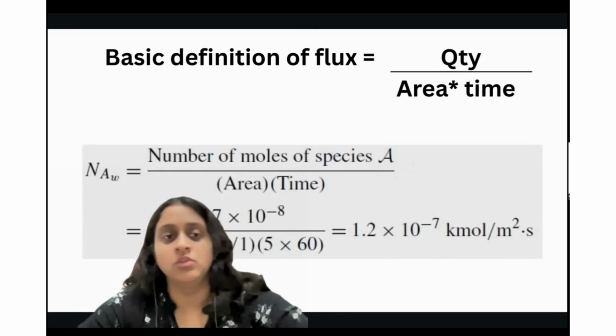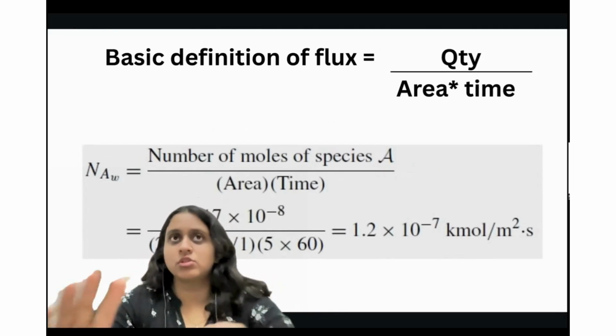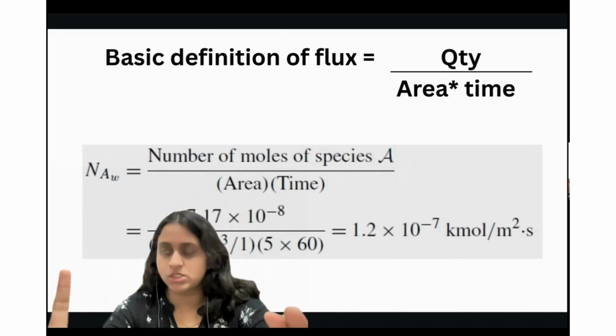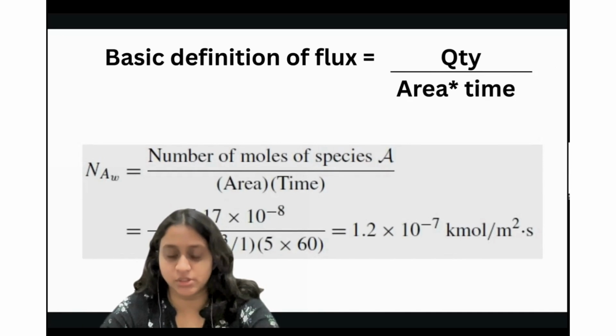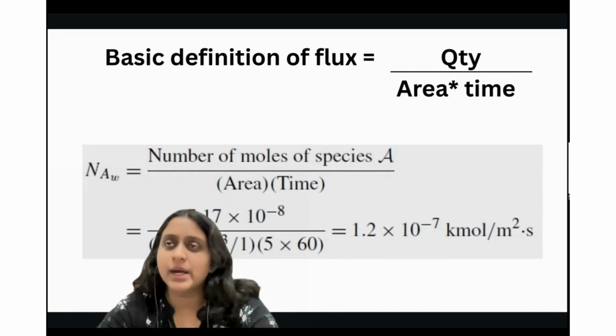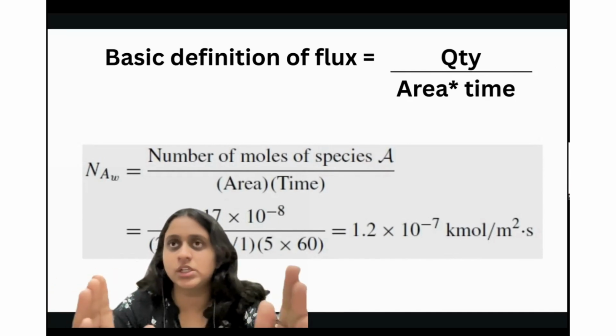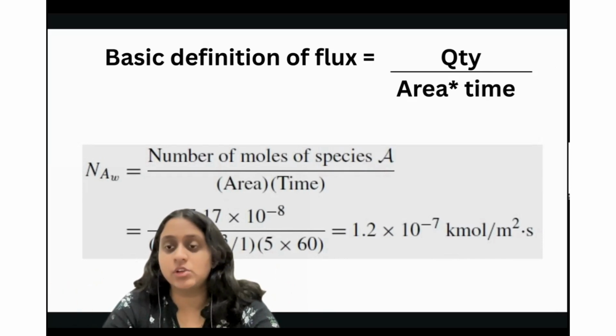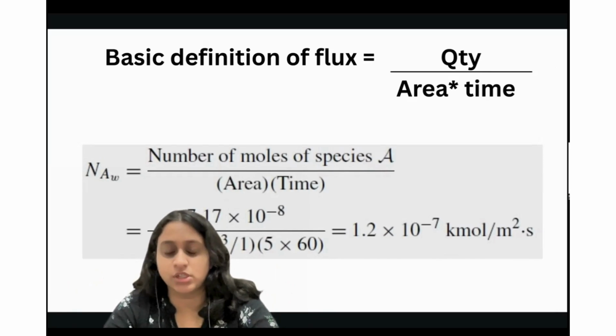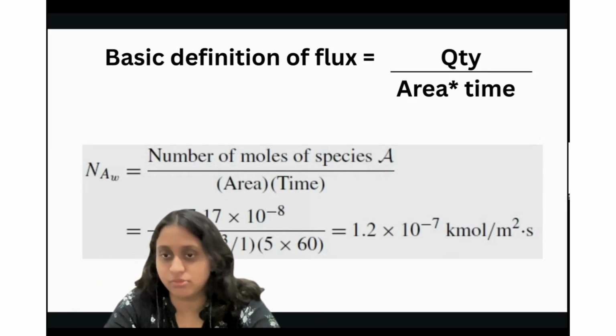Now we got the number of moles, but how will we get the mass transfer coefficient related to that? The mass transfer coefficient is in some relation with flux, right? But we don't have the mass transfer coefficient if we were to use the Slattery equation.